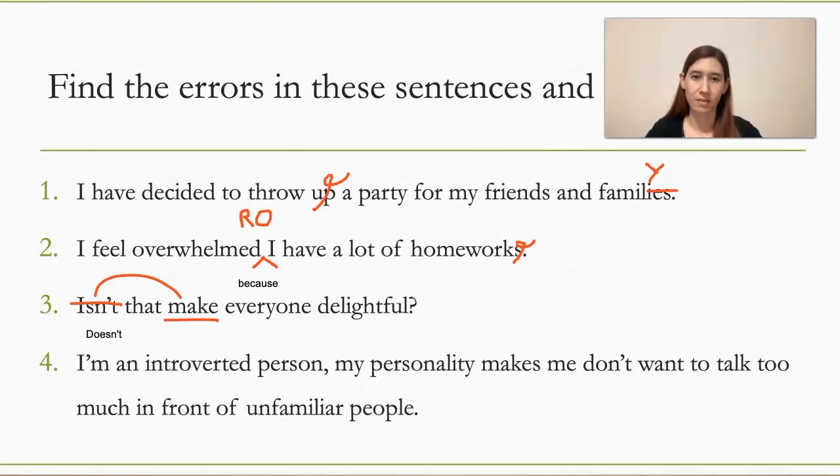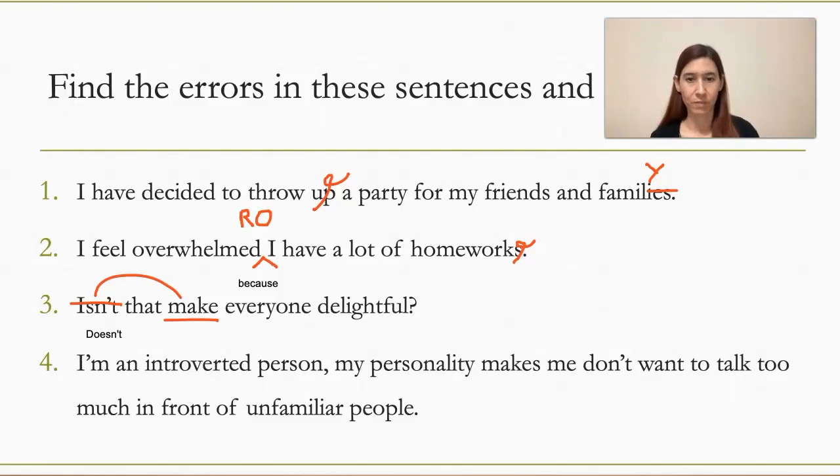The last sentence will be our longest one. I'm an introverted person. My personality makes me don't want to talk too much in front of unfamiliar people. This is another run-on sentence. We need to either join it or break it apart. So we have I'm an introverted person. That is one independent clause, one complete sentence.